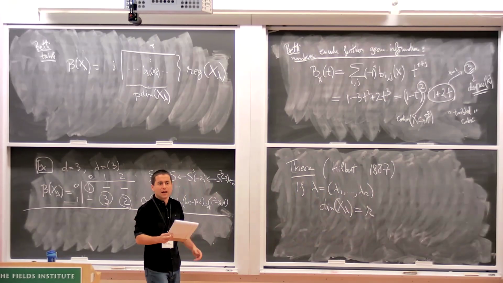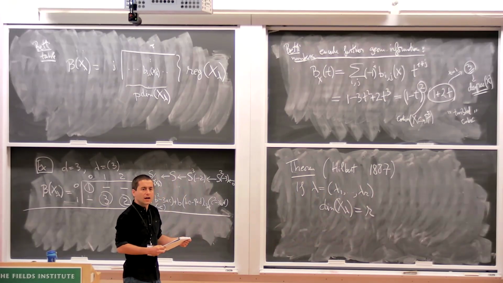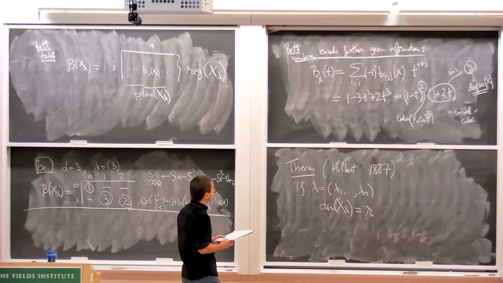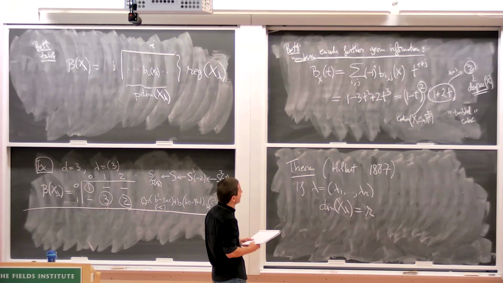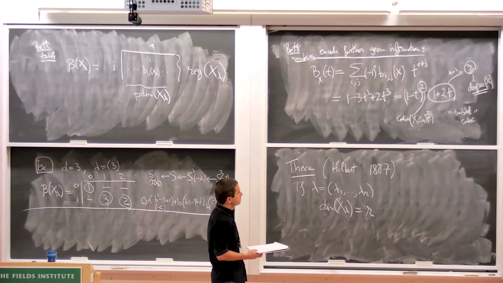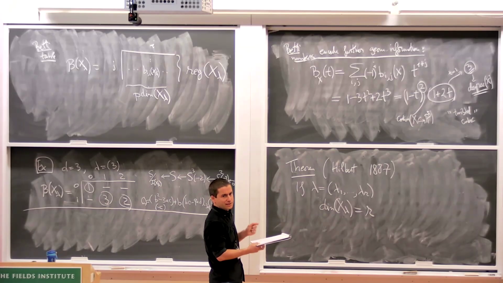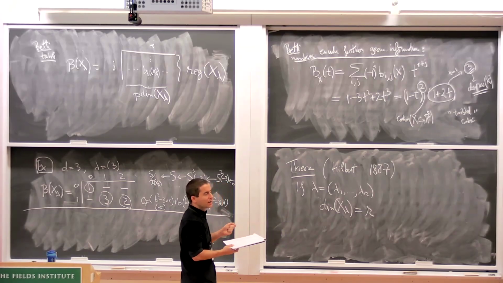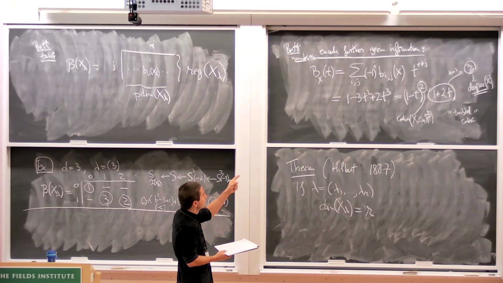Yes? The question is whether you can also extract information from this Betti polynomial if you assign different variables to those columns, thinking of it as bilinear. So bilinear, you mean instead of t to the i, t to the j, write x_i times y_j?